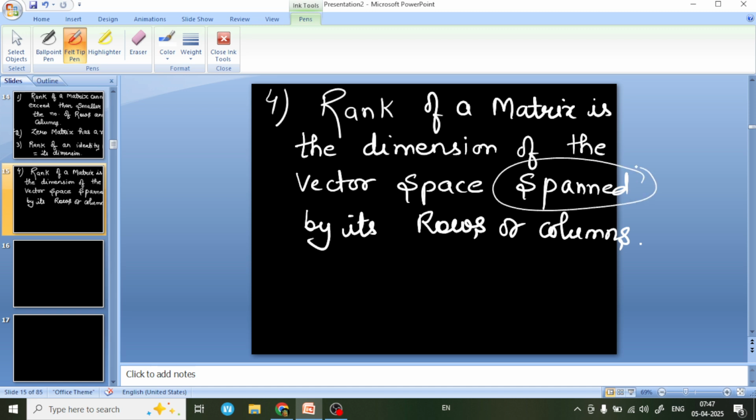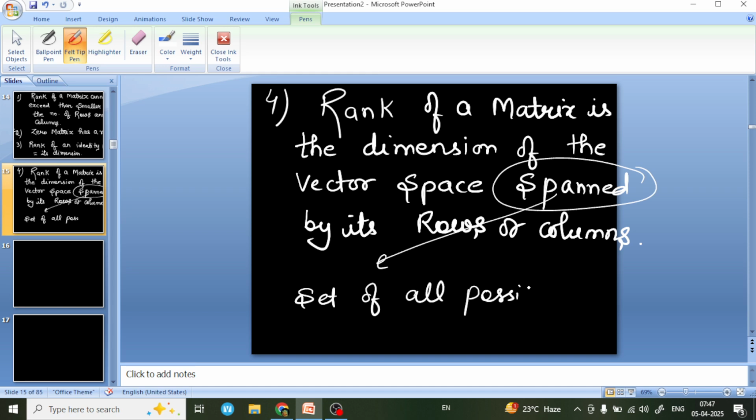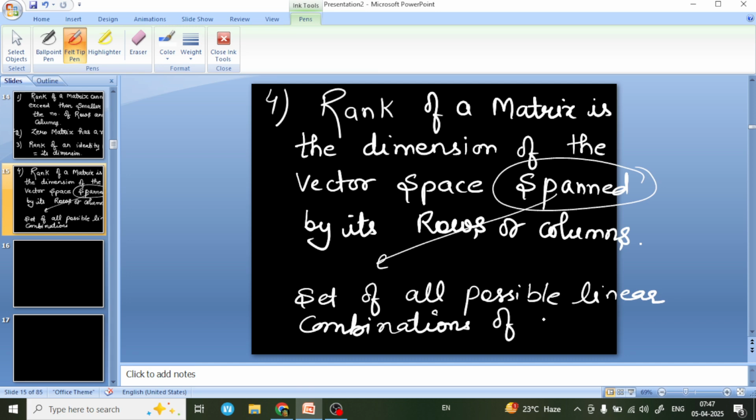What do you mean by span? The set of all possible linear combinations of those vectors.